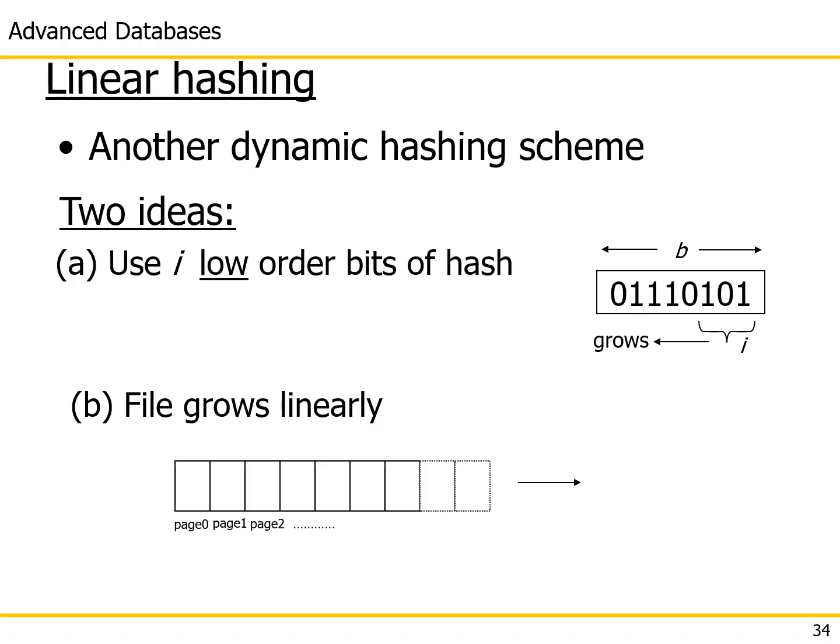The second and very, very interesting idea, but very challenging to implement in reality, is that we will consider our buckets as adjacent to each other, and they are growing one after the other in terms of physical space on the disk.